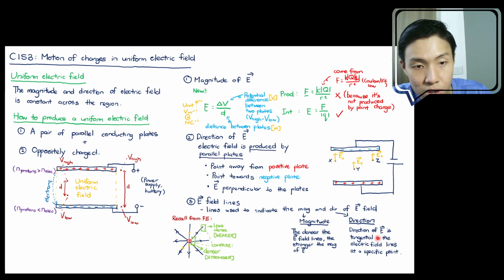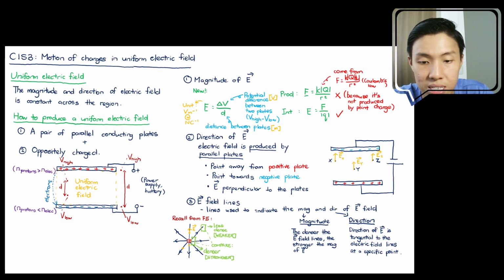The direction of electric field at this point is tangential to the electric field line. So the tangential to the electric field line is in this particular orientation. So that means that the electric field will be tangential to this line at this point. How to be tangential to the electric field line at this point is to point upwards. So that means your electric field at this point is pointing this direction.